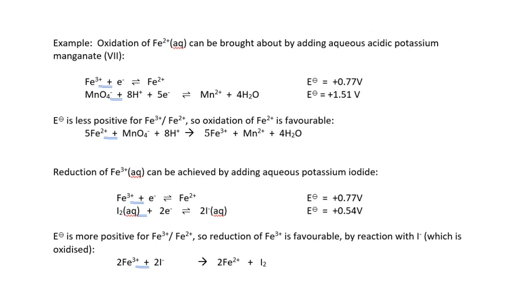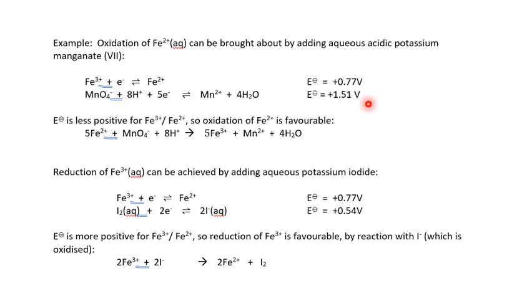If we start with Fe2+, you can see that the electrode potential for Fe2+ being oxidized to Fe3+ is plus 0.77. So in order to go from Fe2+ to Fe3+, you need an oxidizing agent which has an electrode potential that's more positive than that, which is what manganate does.